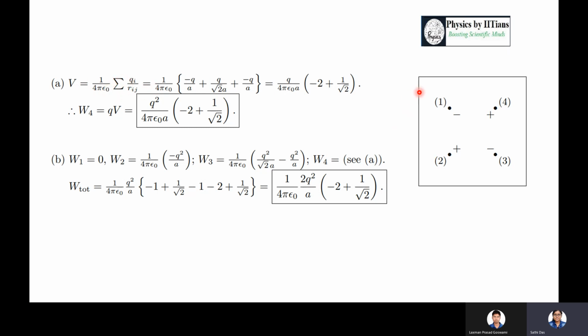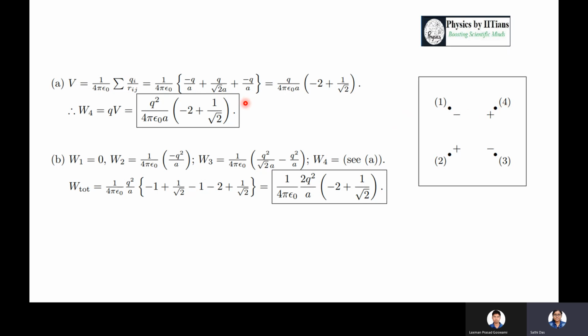So here, suppose I am taking this Qi as Q1. For this Q1, the term is 0 because one charge cannot exert force on itself. It should be either 1 to 2, or 1 to 3, or 1 to 4.